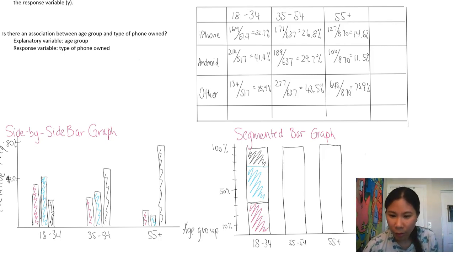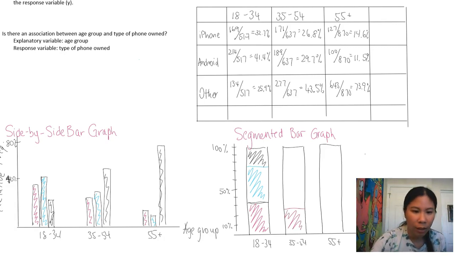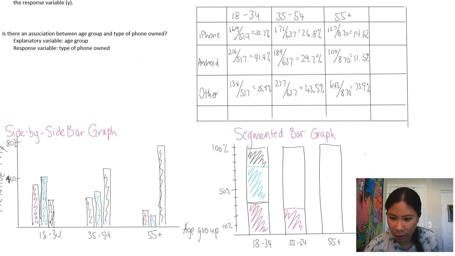So with the 35 to 54-year-olds, 26%, and then add the 29.7% to that, about here. And then that means the rest of it would be the other.